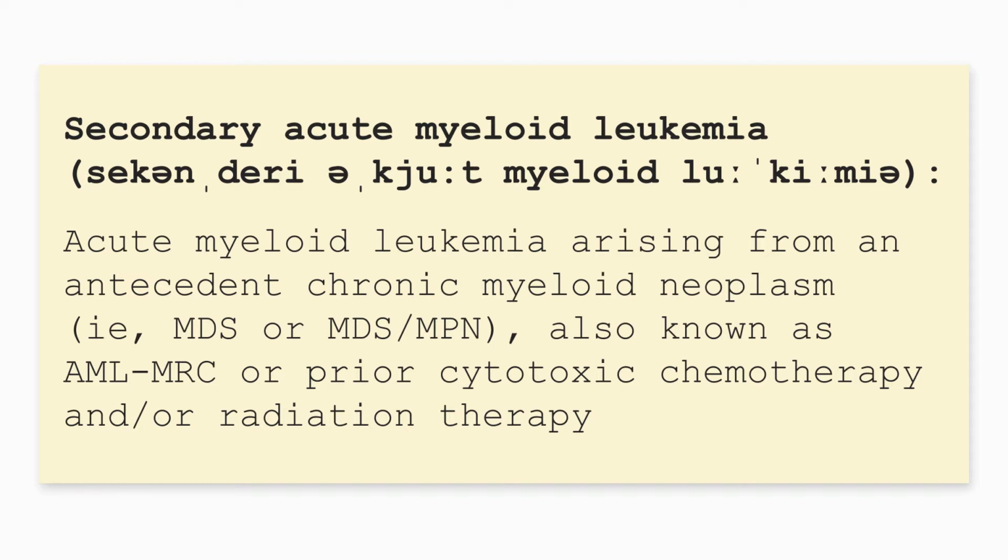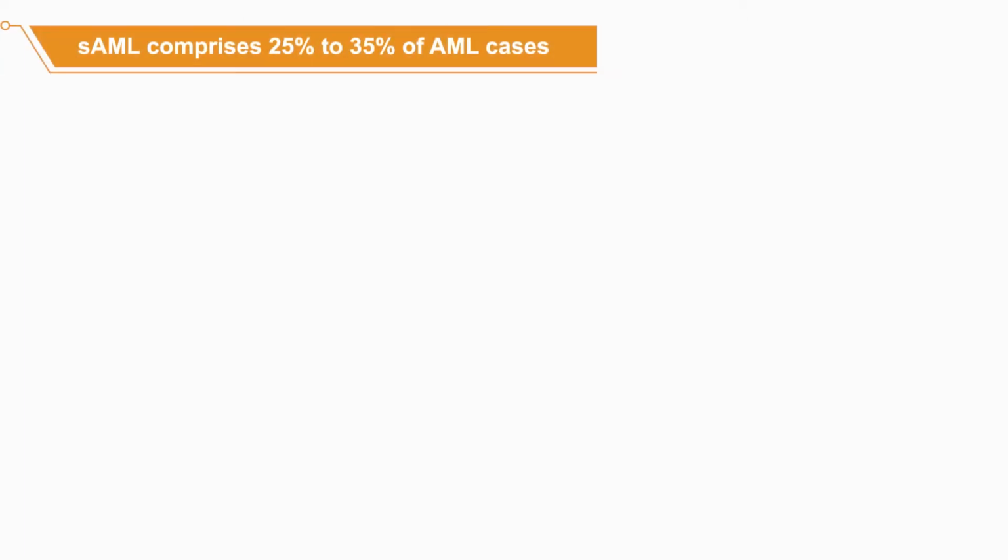And this form of AML is called therapy-related acute myeloid leukemia, which is another form of secondary AML. Collectively, secondary AML comprises about 25 to 35% of all acute myeloid leukemia cases, as shown on this bar graph here.